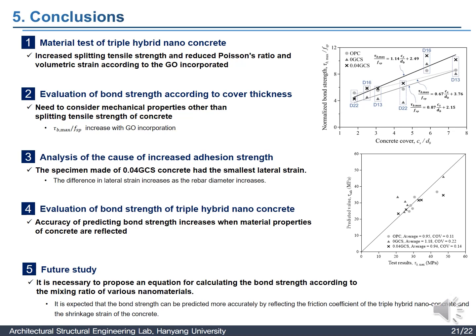If the bond strength was evaluated considering various mechanical properties, the bond strength could be accurately predicted. In future work, it is necessary to propose an equation for calculating the bond strength according to the mixing ratio of various nanomaterials. Thank you for listening.